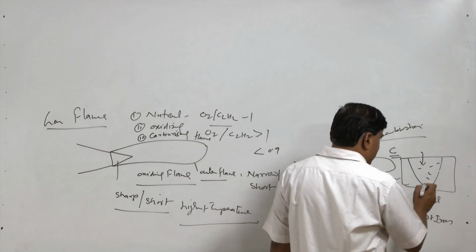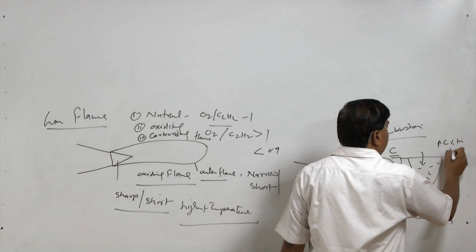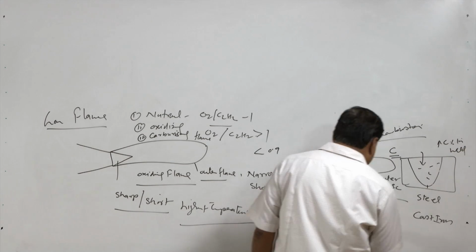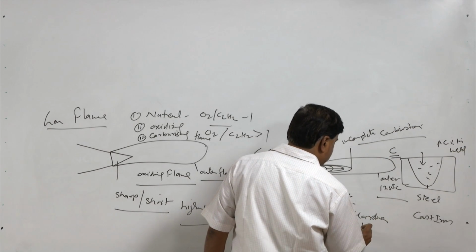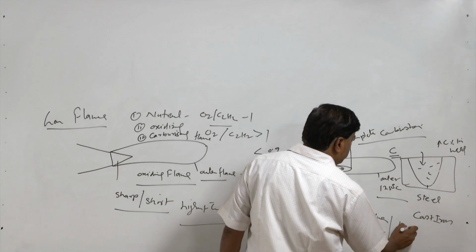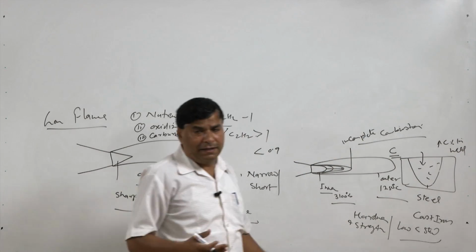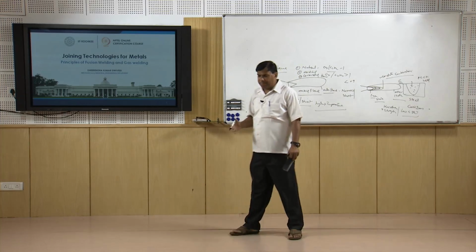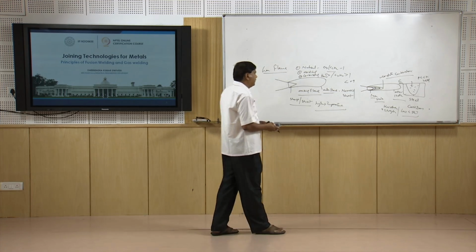Thus increased carbon percentage in the weld increases hardness and strength of the weld. This is good for low carbon steels, but in case of high carbon steels it may lead to embrittlement and cracking of the weld.